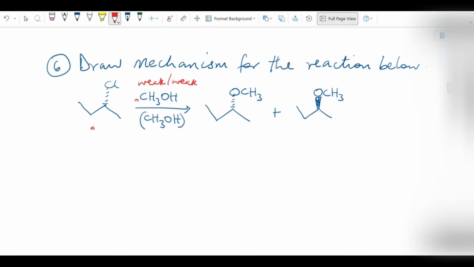Essentially, we know that the mechanism for this reaction is SN1 and E1. However, the question only presented us with the SN1 product and no E1 product. And so a mechanism should account only for the product that we're given. Because we're not given the E1 product, we should not draw the mechanism for the E1 product.